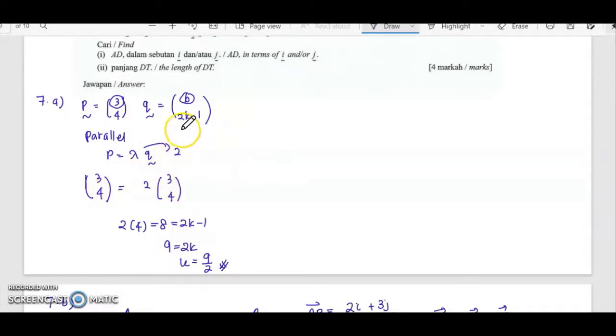So from here, I follow P equal to, I made a mistake here, it should be Q here and then P here. So from here, Q is a scalar multiple of vector P. So (6, 2K minus 1) is 2 times (3, 4). So here 2 times 4, which is 8, is equal to 2K minus 1. So we will get K is equal to 9 over 2.